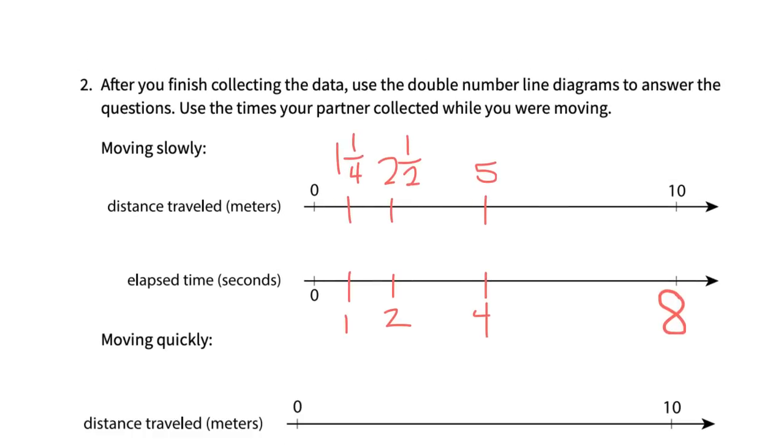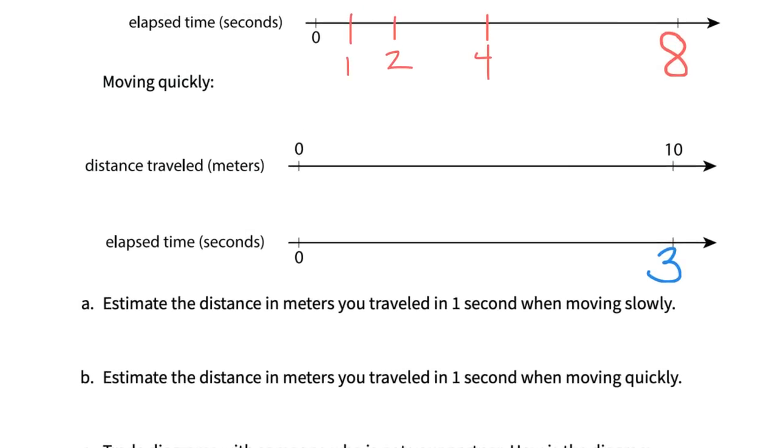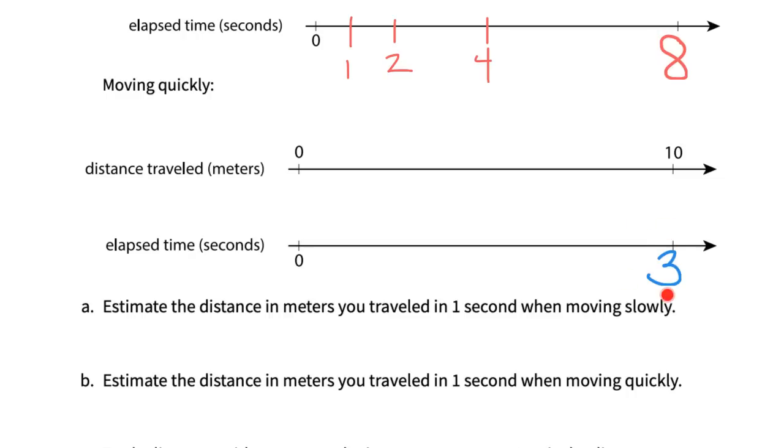All right. It's not going to be quite so simple now. So now for moving quickly, we've got 3 seconds. So I could cut in half, but in this case, what I think I'm going to do is divide by 3. Because if I take my 3 seconds and divide by 3, that's going to give me 1 second.